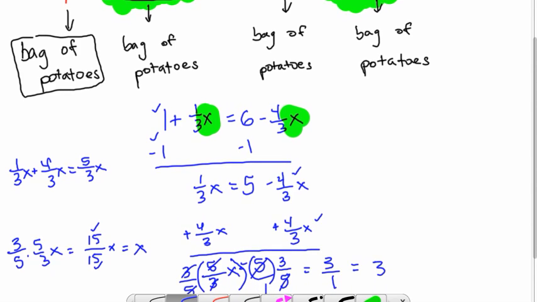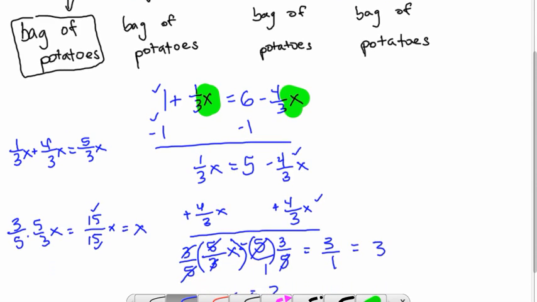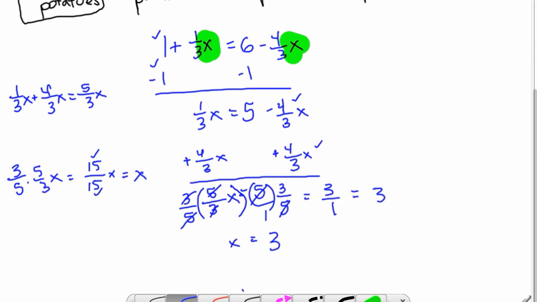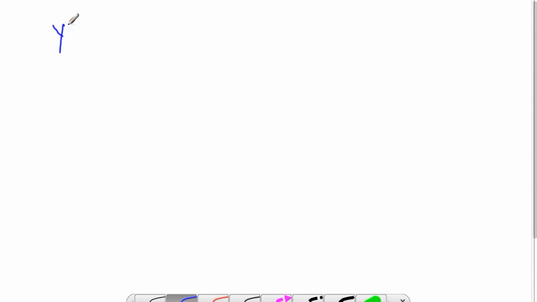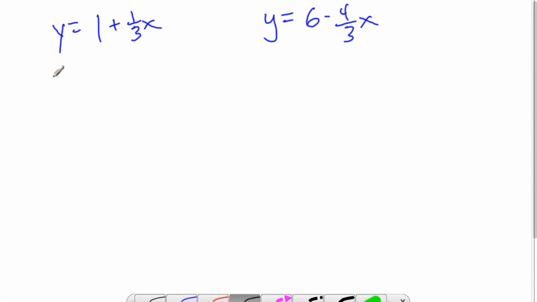I was able to figure out what x equals simply by using algebra. Now that I know that x equals 3, I can just take x equals 3 and put it into either equation and figure out what y equals.